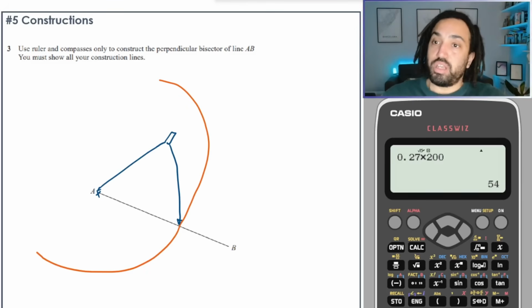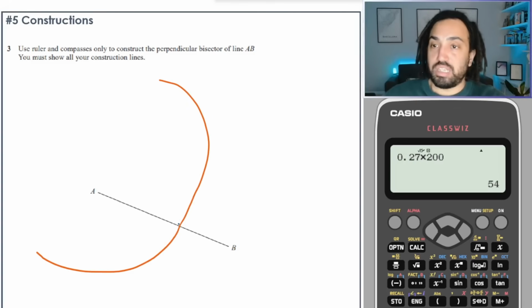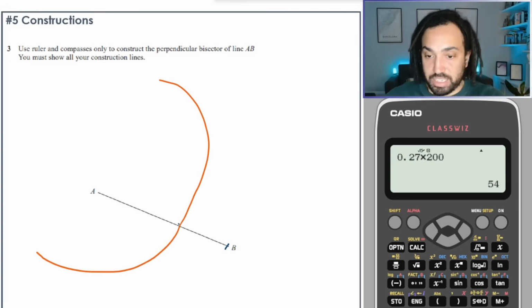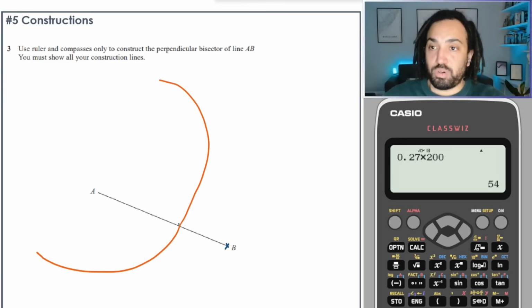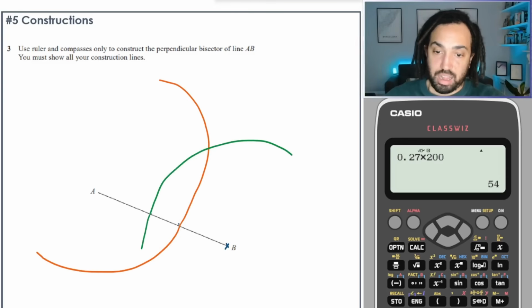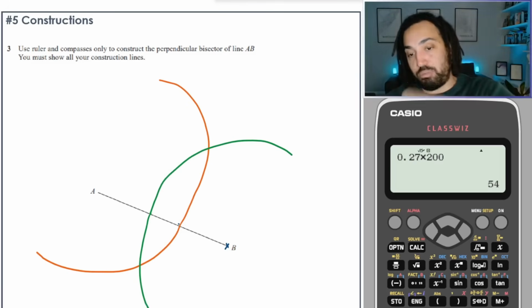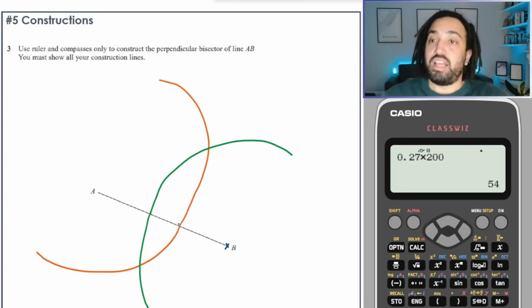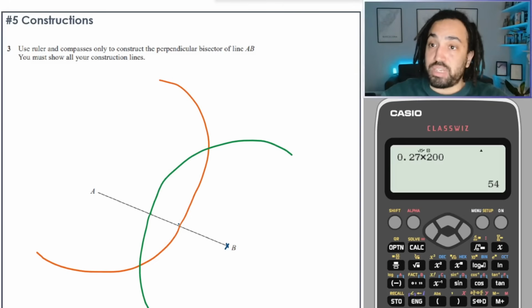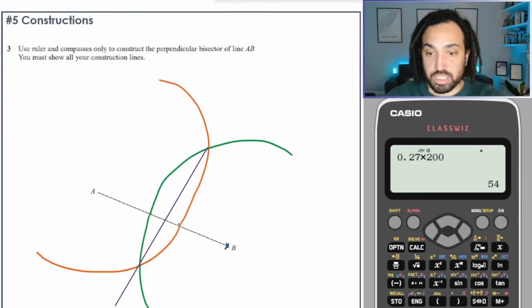Okay, then we pick up the compass and we make sure we don't change the gap between the pencil and the needle, and we put the needle at this end, and we do the same thing from that side, and we get these two beautiful arcs, one coming from A, one coming from B. Then all we do is connect up the two intersection points with a straight line, just like that.